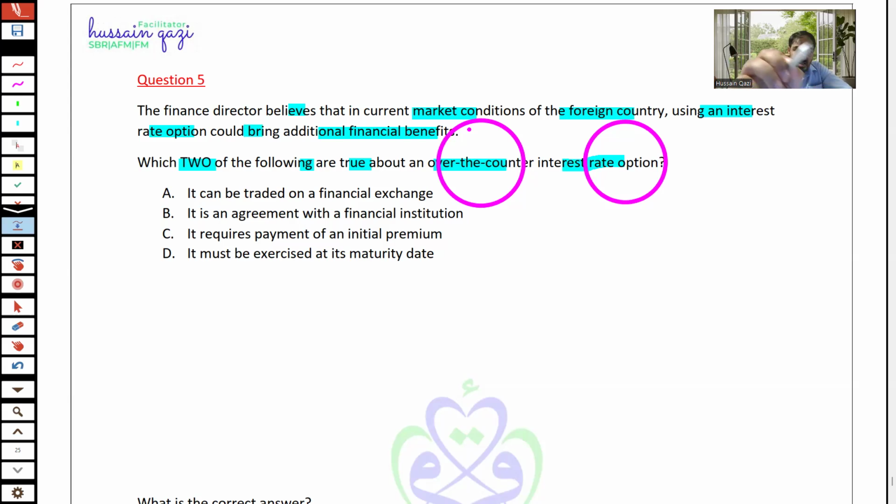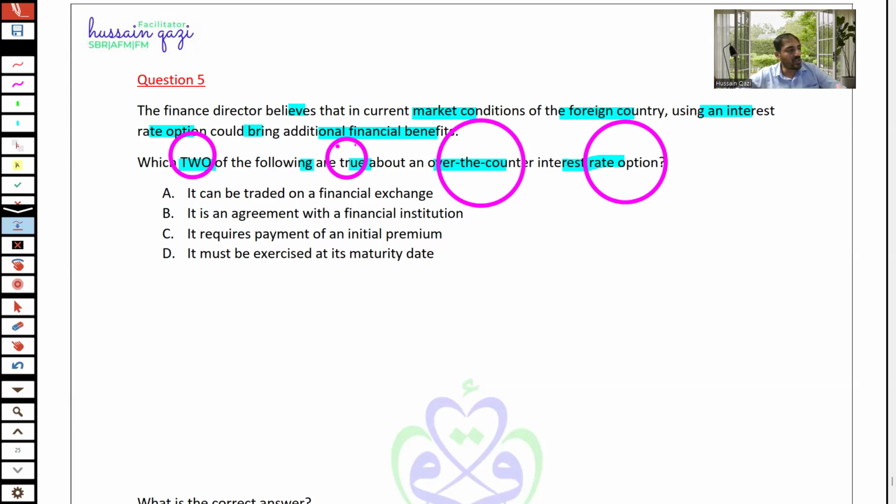And the phrase here: which two of the following are true? So relax. Interest rate option is a financial derivative, over the counter, and we need to identify 2 correct statements out of 4.